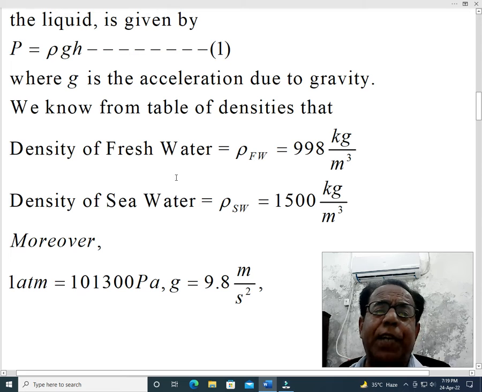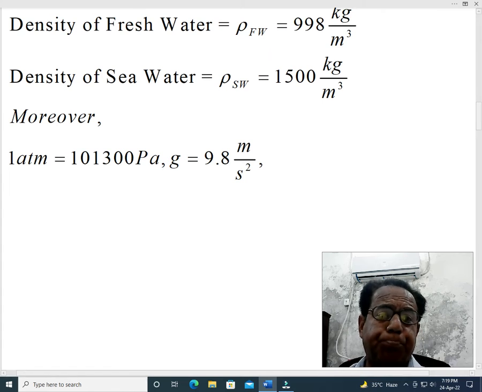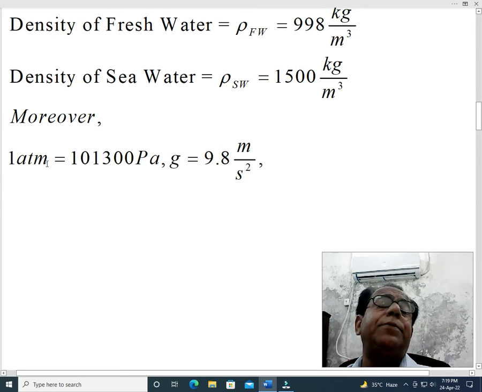It is sufficient to describe that among those four densities we have chosen the second density as the density of fresh water. Moreover, 1 atm, that is 1 atmospheric pressure, is equal to 101,300 Pascal, and g acceleration due to gravity is 9.8 meter per second square. We know this is a fact from very earlier classes.